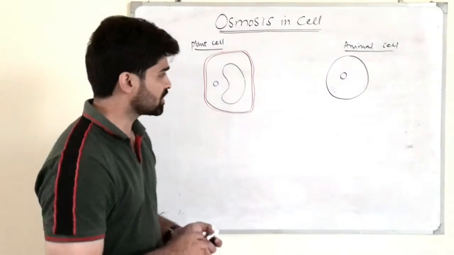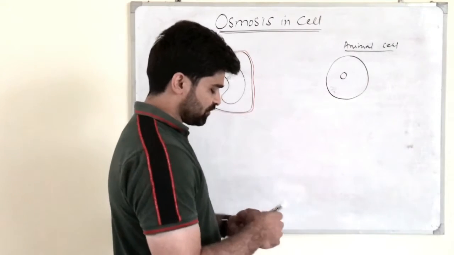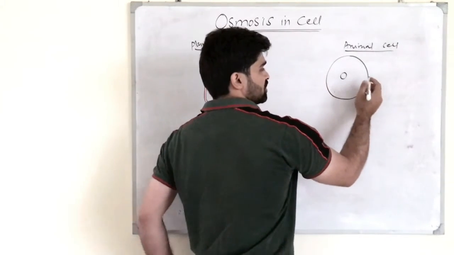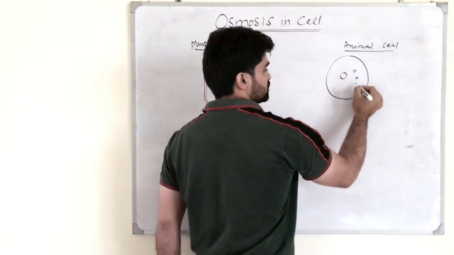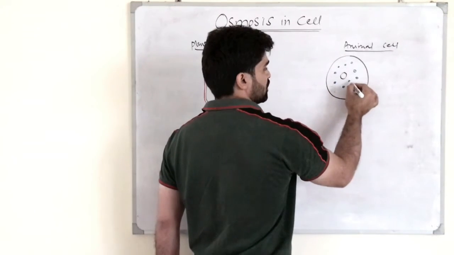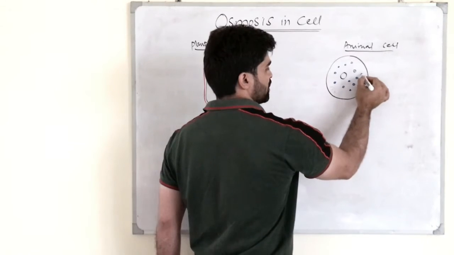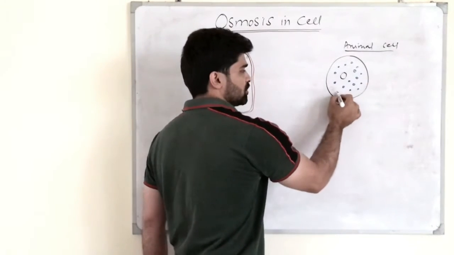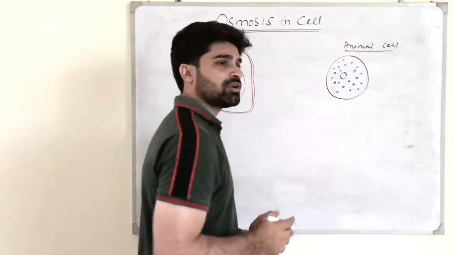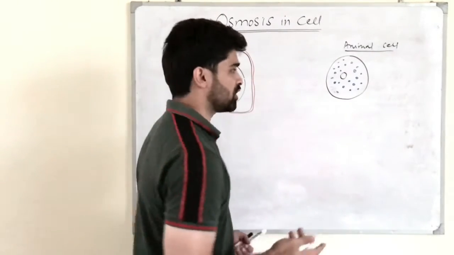Dear students, according to the definition of osmosis, it means the movement of water molecules from the solution of higher water potential to the solution having lower water potential. And what is water potential? It is the free movement of the water molecules.